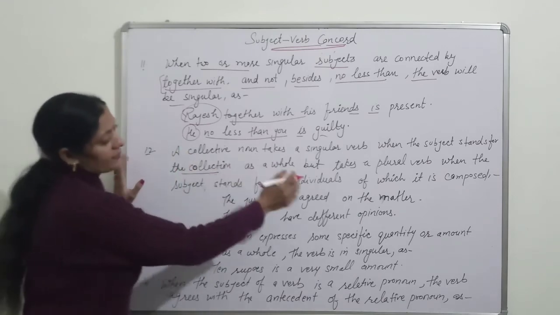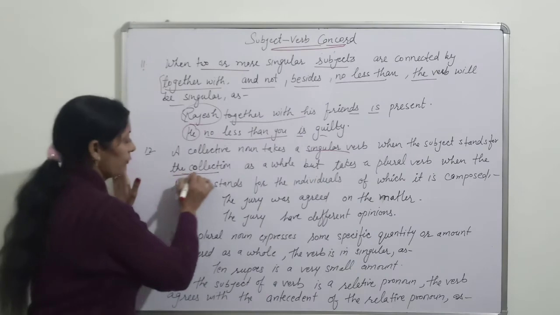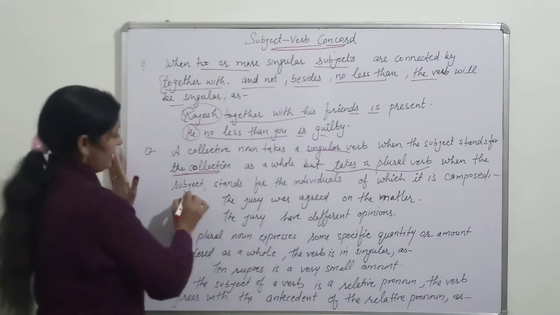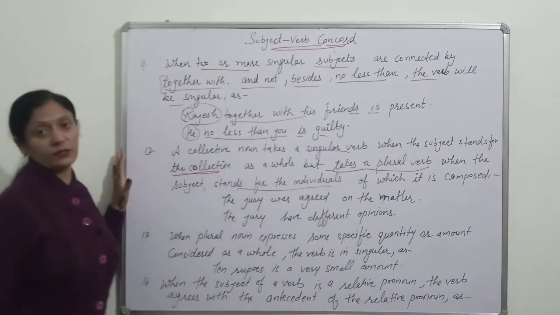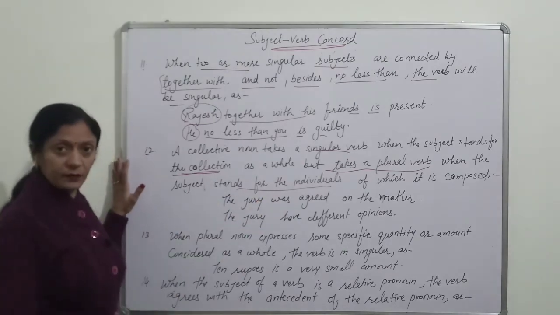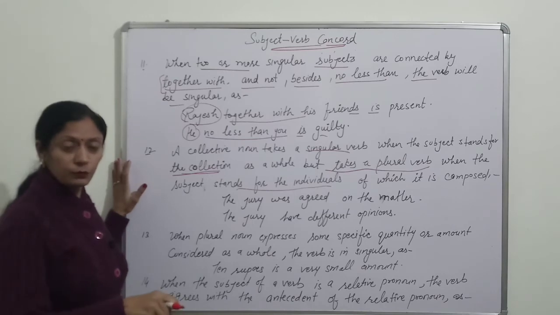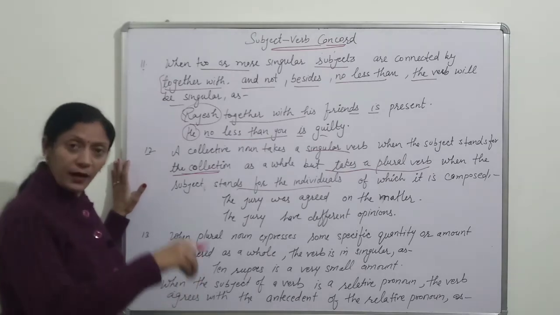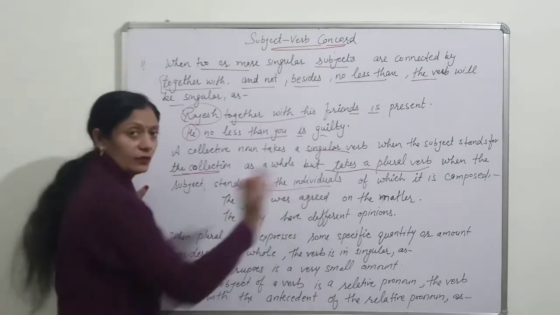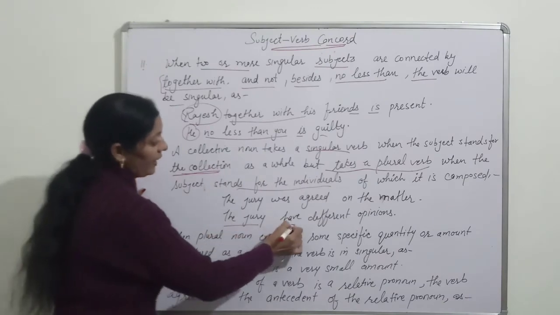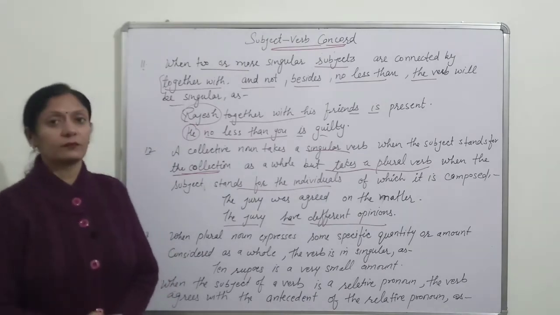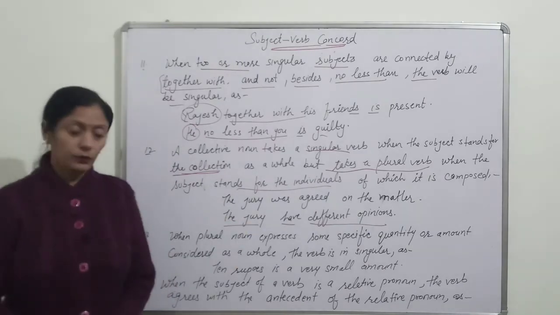A collective noun takes a singular verb when the subject stands for the collection, but a collective noun takes a plural verb when the subject stands for the individuals. For example, the jury was agreed on the matter. It means all the judges who were part of the jury have the same opinion. The jury have different opinions, so it means they have individual opinions, so we are using a plural verb here.